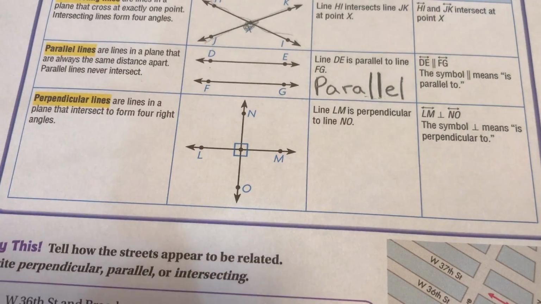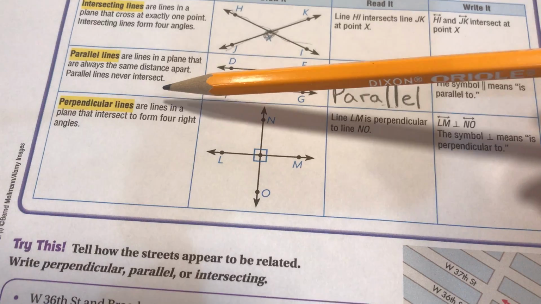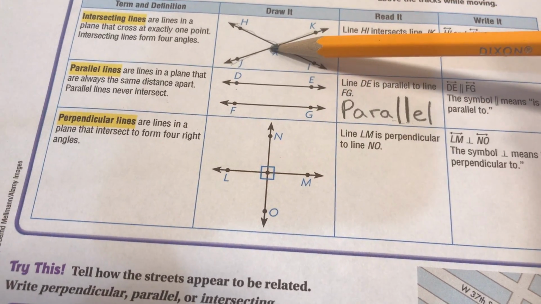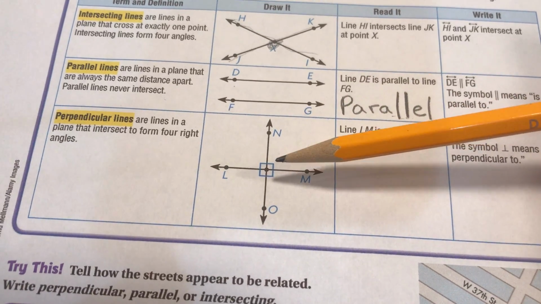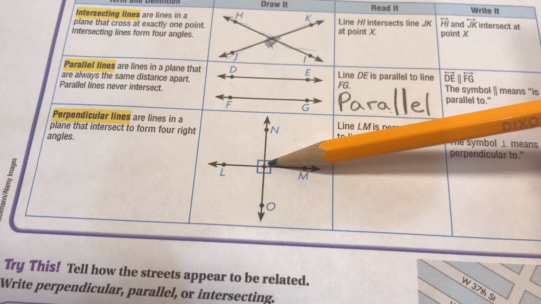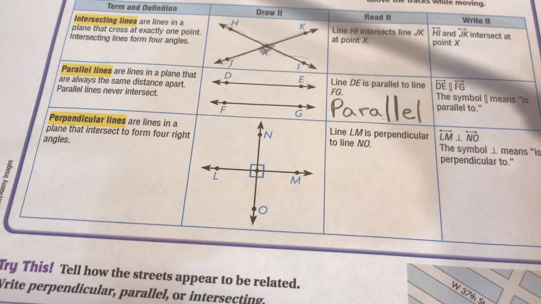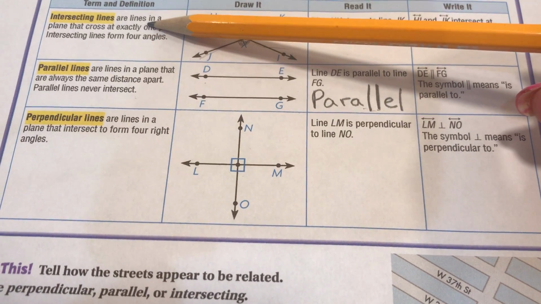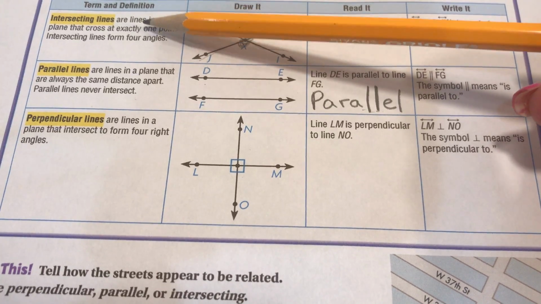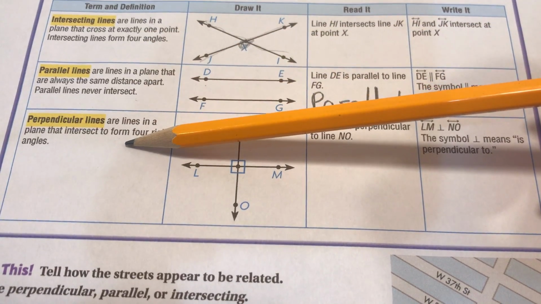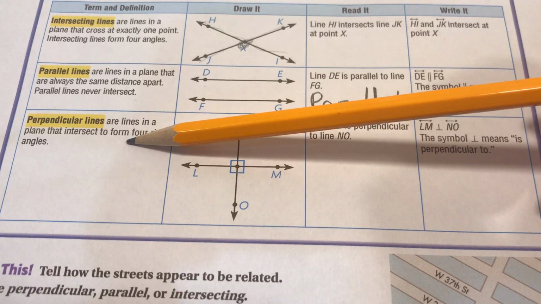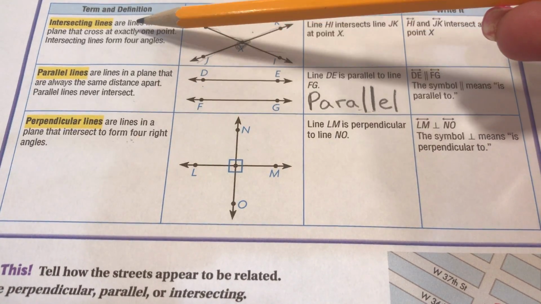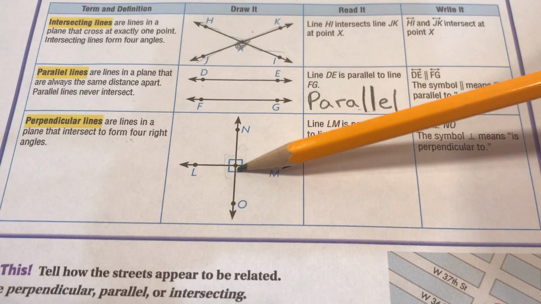So we're talking about 2D versus 3D. But those are lines in a plane that intersect just like here, but they form 4 right angles. So perpendicular lines are intersecting lines, but the intersecting lines are not necessarily perpendicular lines. Ooh, let me say that again. Perpendicular lines are intersecting lines because they intersect.